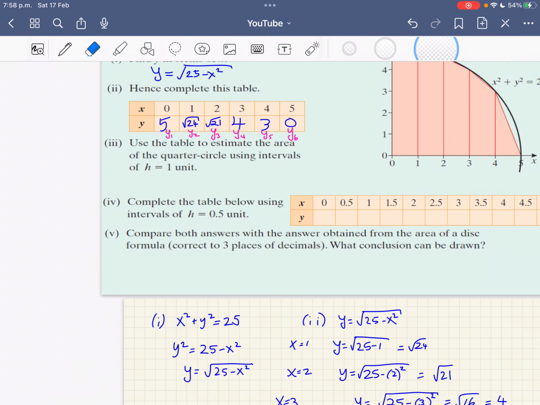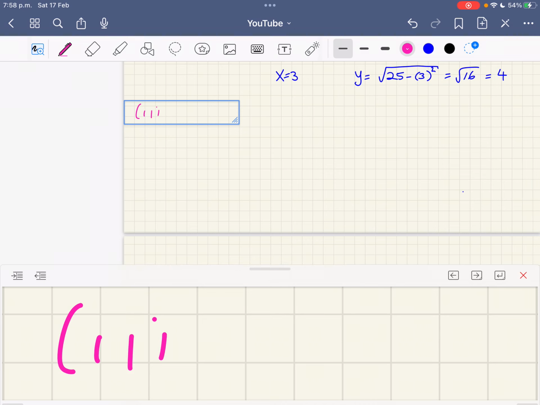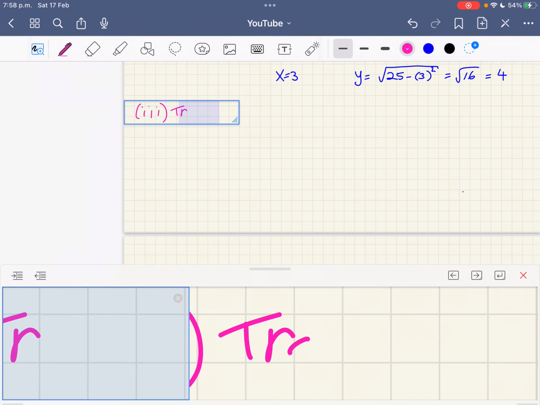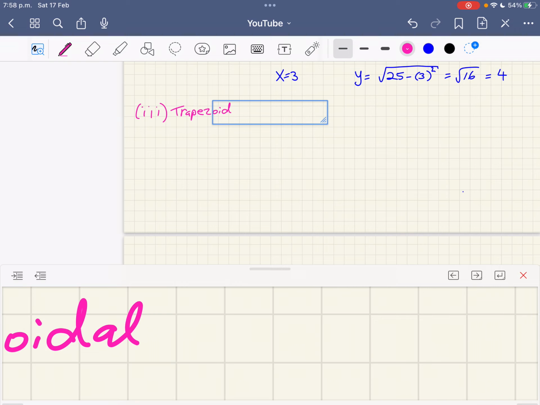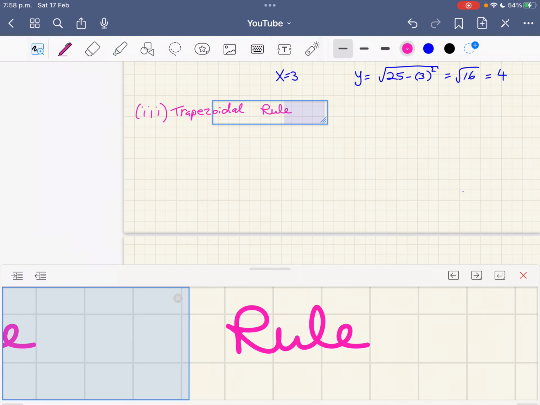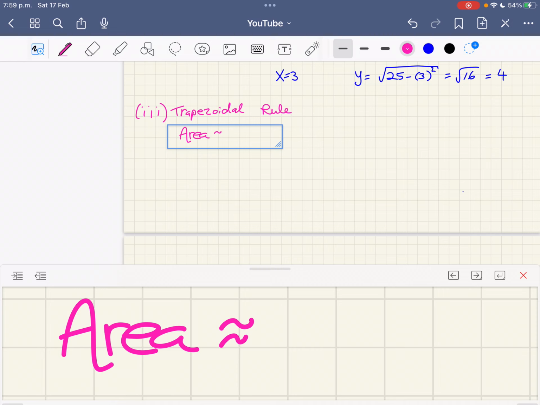So we're going to use the trapezoidal rule when h is equal to 1. So part 3. Trapezoidal rule, and it is good practice to write out your equation, taking it down from the log tables.